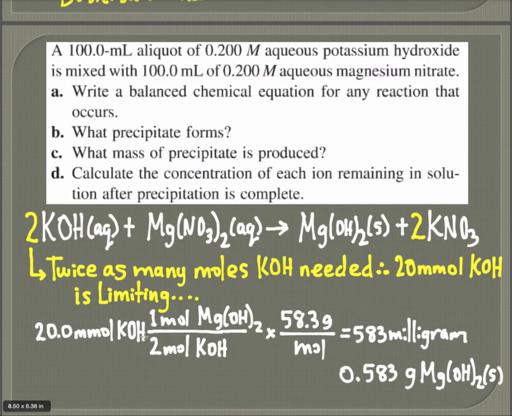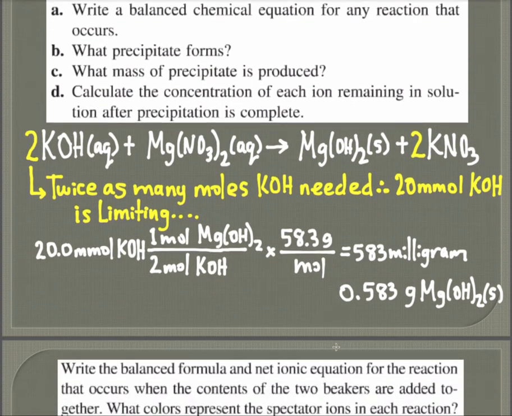I'll use that as a limiting reactant, and the limiting reactant determines how much product I get. So the moles of KOH, 2 moles of KOH to 1 mole of magnesium hydroxide, and then the molar mass of magnesium hydroxide. Change moles of magnesium hydroxide into grams. Oh, I left the millis over here, so the milli survived. But if I want to change my final answer to grams, I move the decimal here 3 places left.